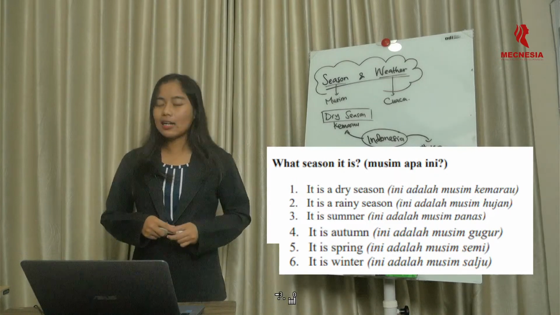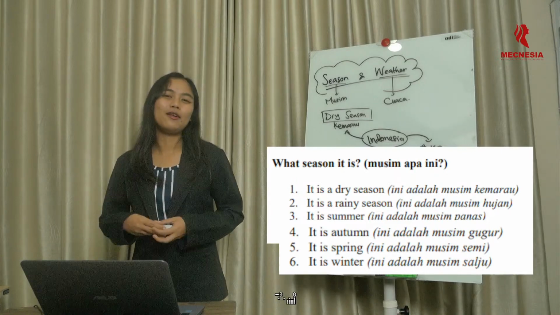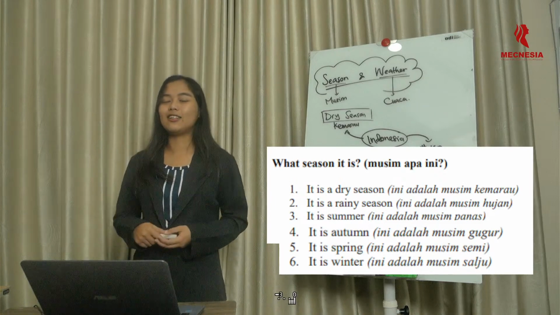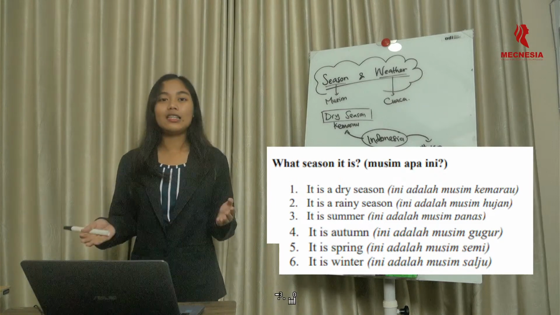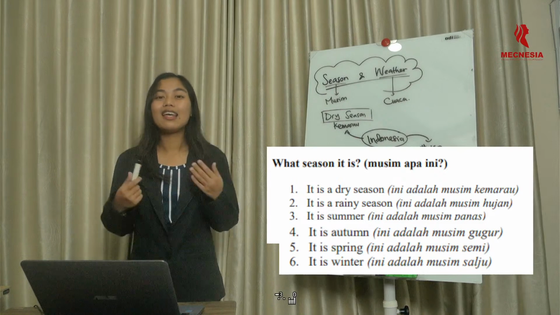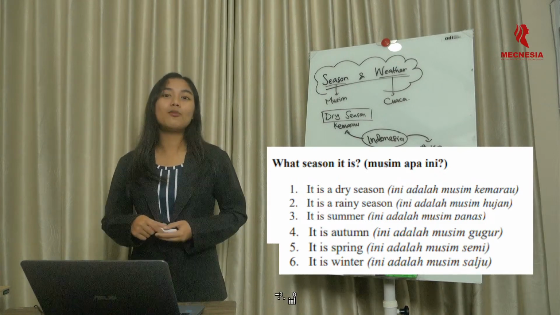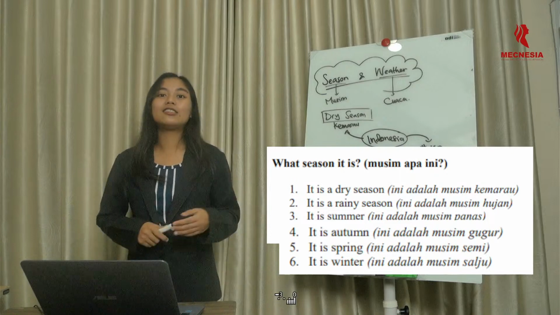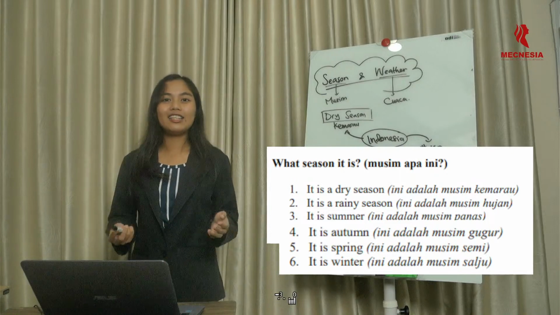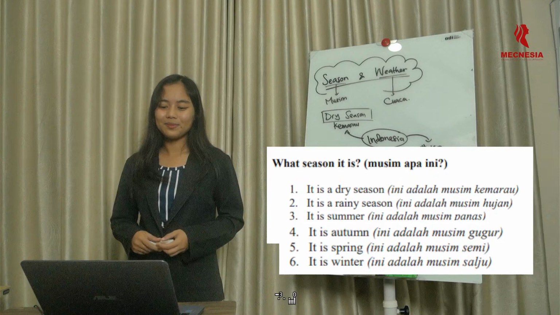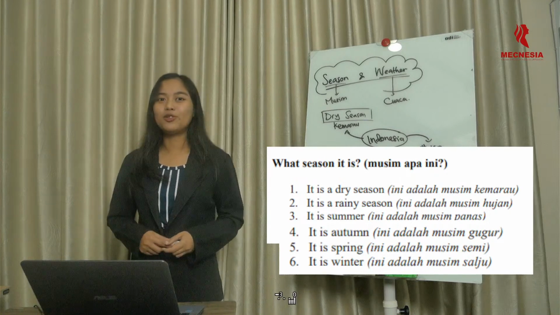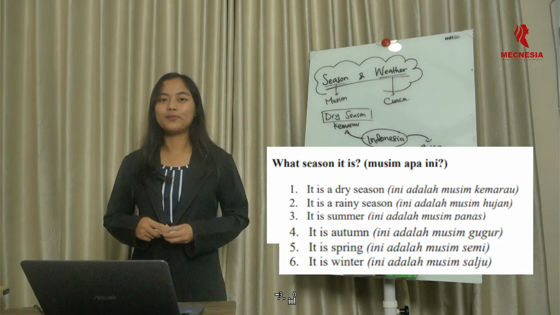Next, kalau sekarang lagi musim hujan. Well, musim hujan adalah rainy season. So you can say, it's rainy season. Next, sekarang musim panas. It's summer. Kemudian musim gugur. It's autumn.